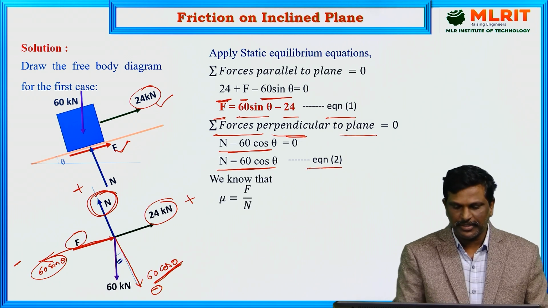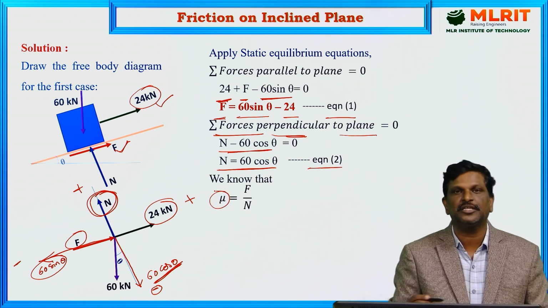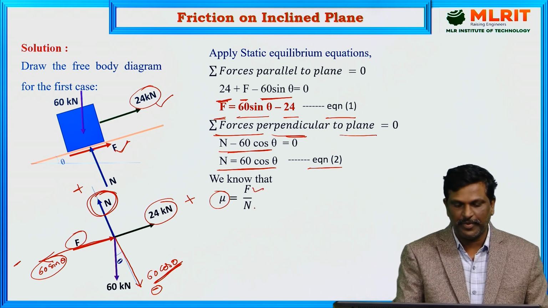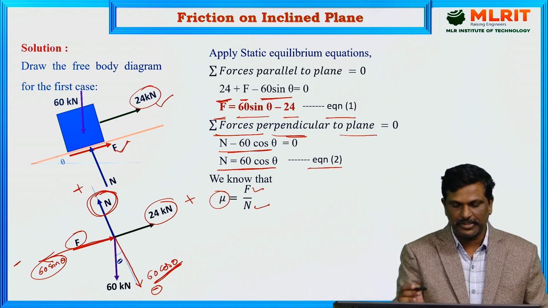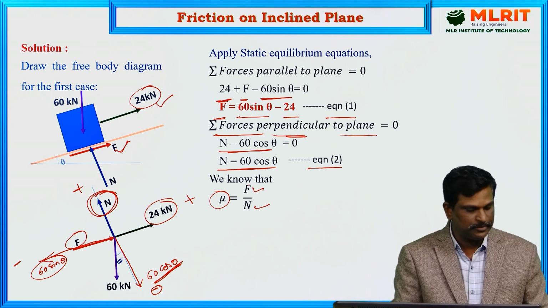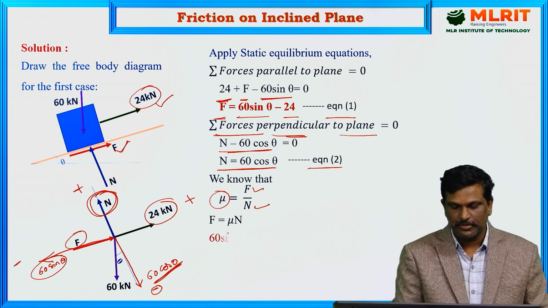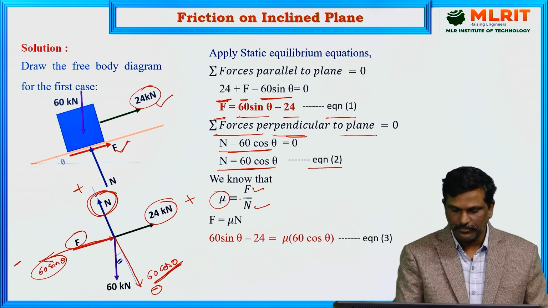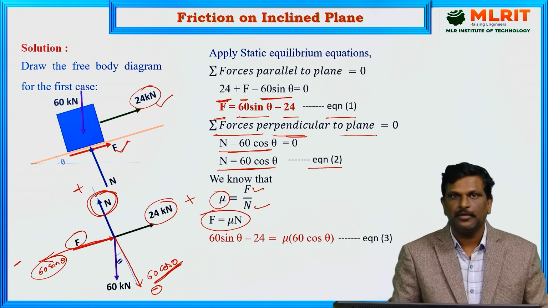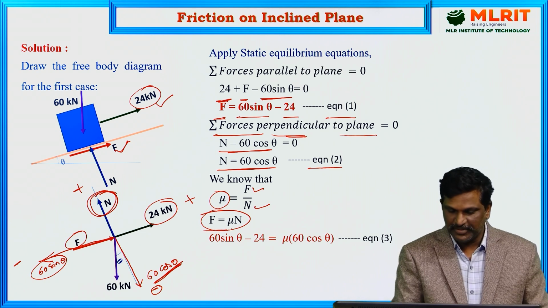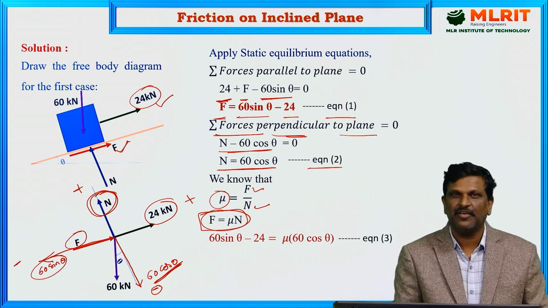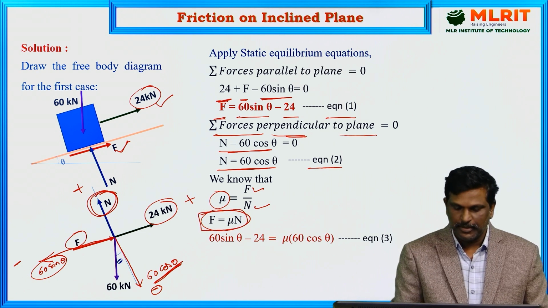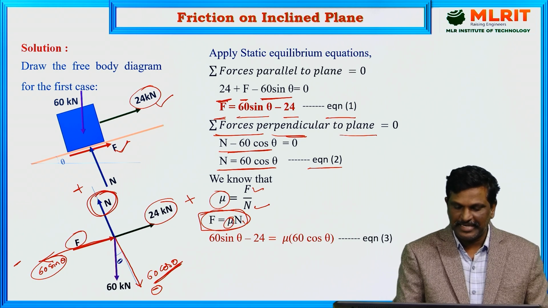Now we know that the coefficient of friction is equal to F by N. So F is equal to mu N, where mu is the coefficient of friction and N is the normal reaction.